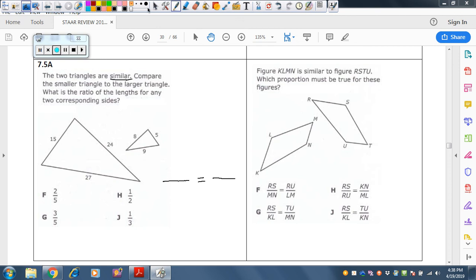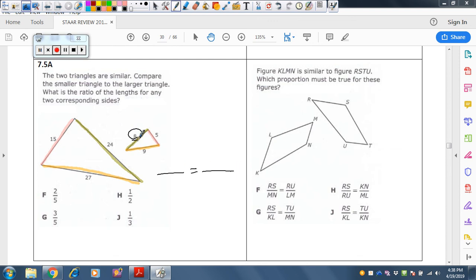So basically, start by color coding. Once you've color coded, set up a proportion.